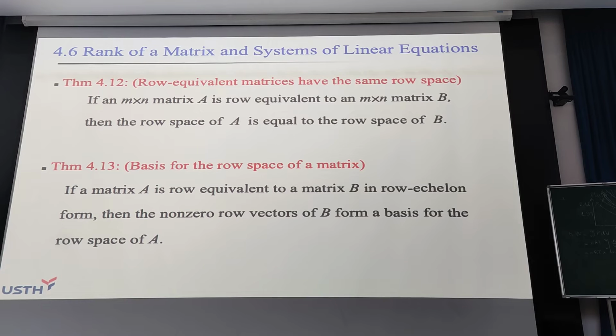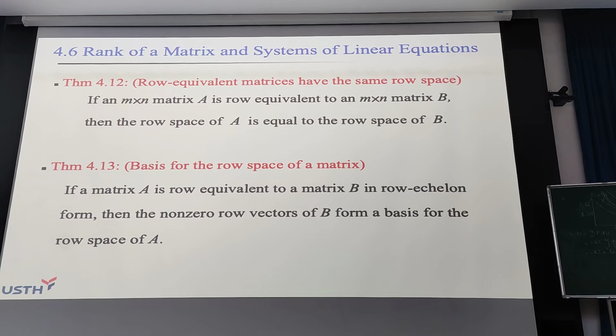And then we define the rank of a matrix. First, I recall to you that two matrices A and B are called row equivalent if one matrix can be obtained from the other by using elementary row operations.